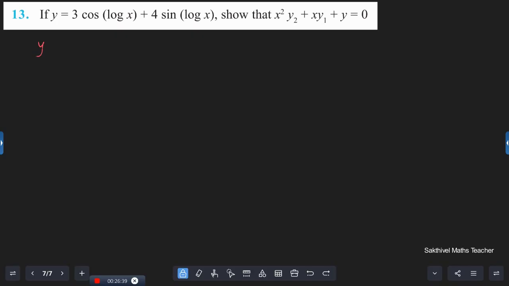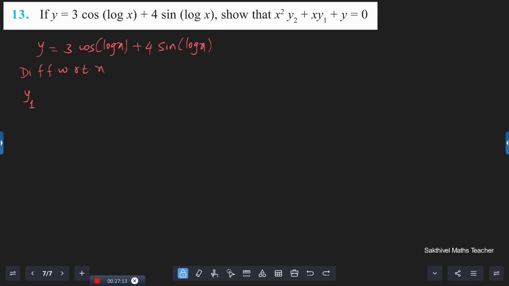Now take the y. Y is equal to 3 cos of log x plus 4 sin of log x. So the angle is log x. Now differentiate, normal derivative. What is the variable? x.